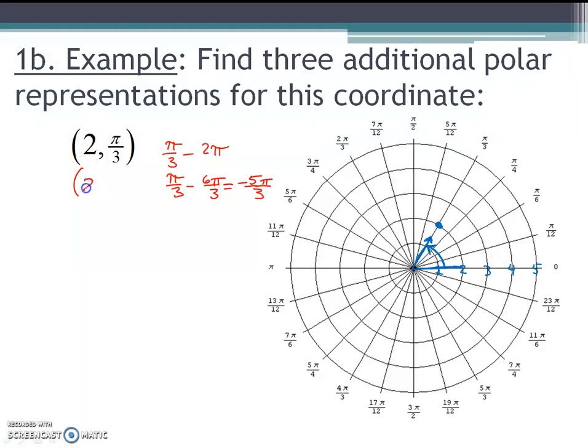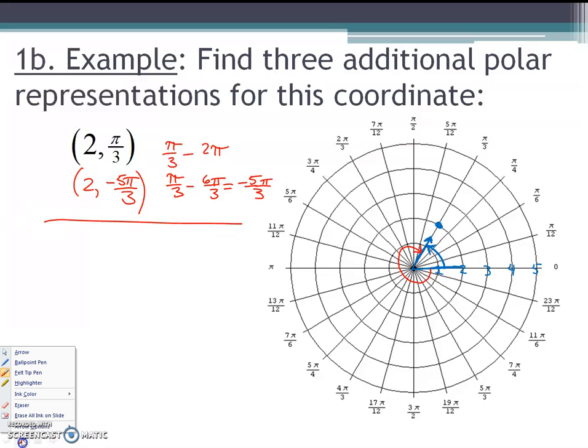In other words, you can call this same point 2, negative 5 pi over 3, because negative 5 pi over 3 would be that angle. If you think about that red rotation angle, you're still facing that same direction as your original blue, so it's still 2 positive units away. So there's one alternate name.